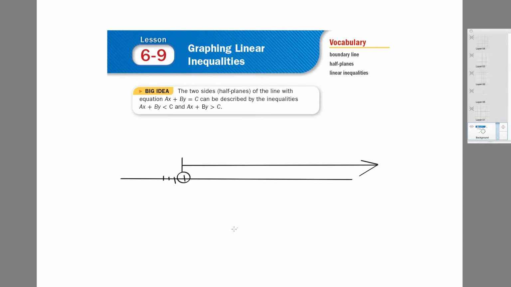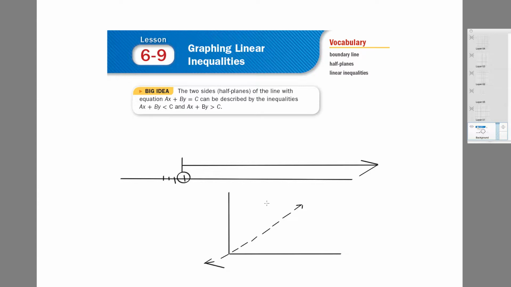Well, what this means for us when we're graphing is if it is an inequality where it can't be equal, but it's either greater than or less than, then that's going to be a dashed line. It's hard for me to do this by hand. And it's going to go off in whatever direction, and it could go forever depending on the situation. We put little arrows on the end to indicate that.